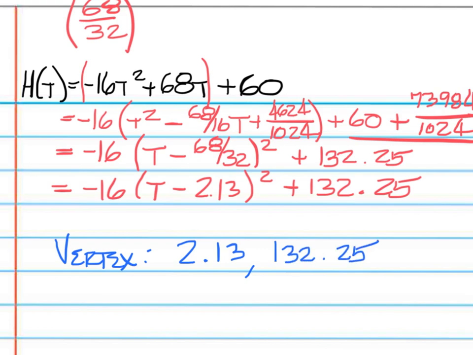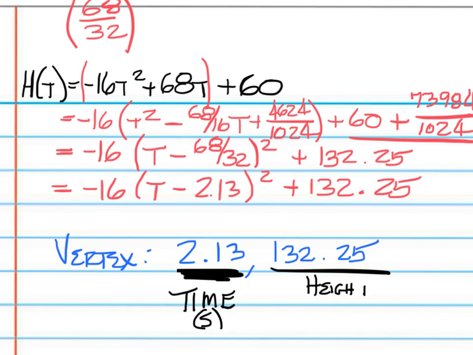We have to figure out what each means though, because it's of no use to us if we don't understand what it represents. What does 2.13 represent? It's time. Time in what units? Seconds. What does this represent? Height in what units? Feet.